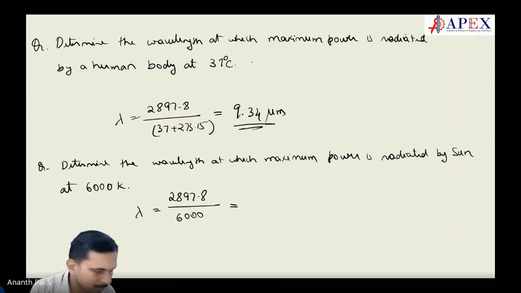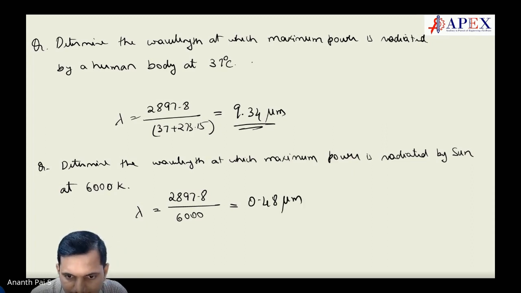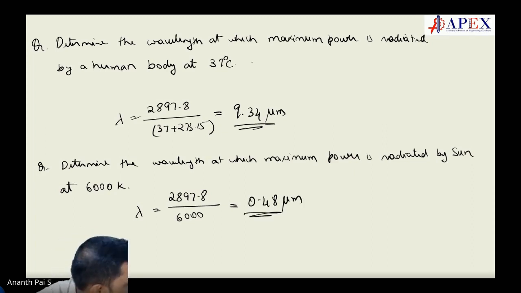It comes almost in the ultraviolet range. It's less than 0.4. So, sorry, it's in the violet range. What is it? 0.4. Makes sense.